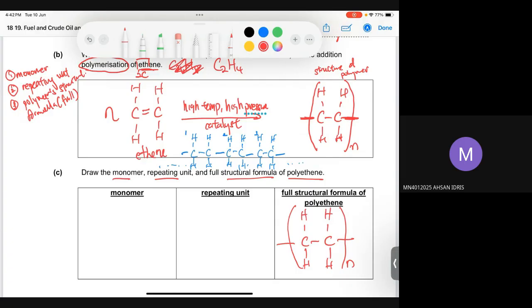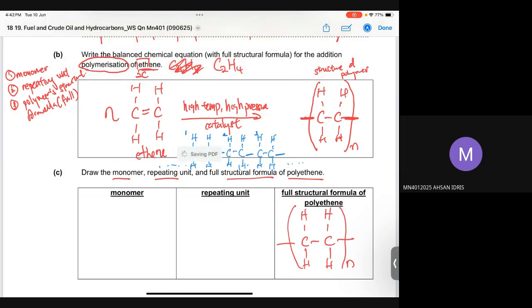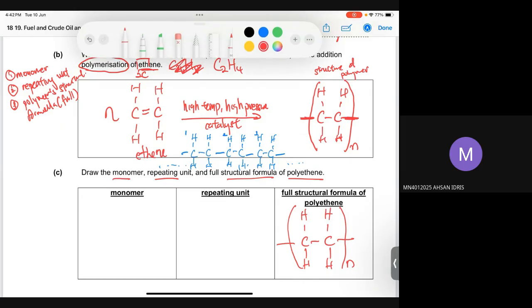Akit, help me now. What do you understand from the idea of repeating unit? It repeats itself. So in this case, if you think in terms of the long chain, what do you think is the repeating unit?